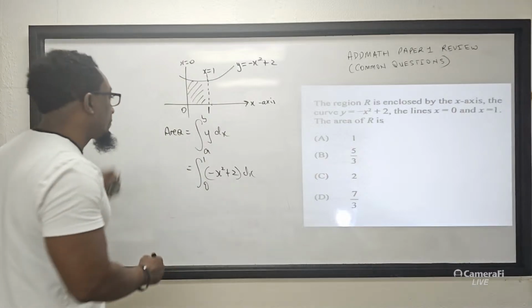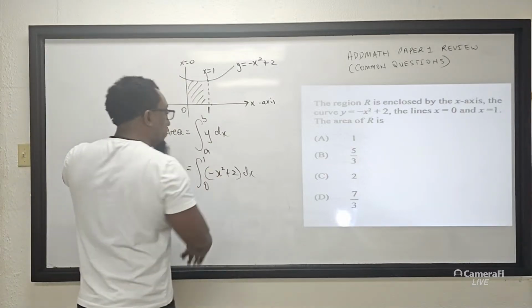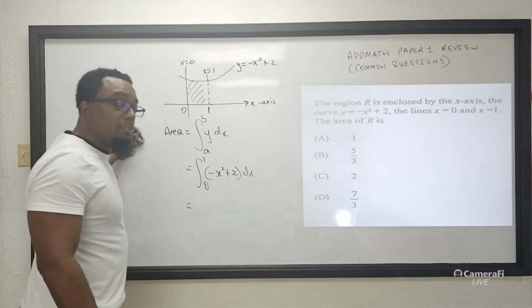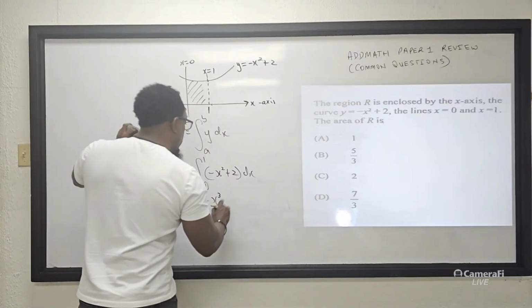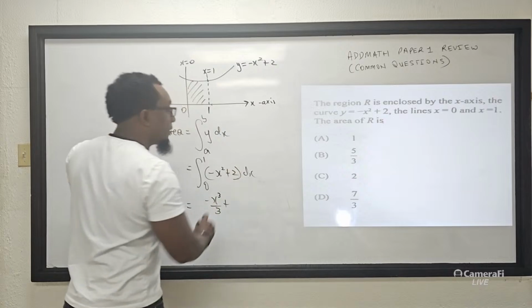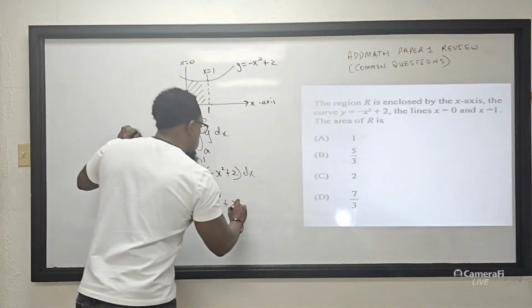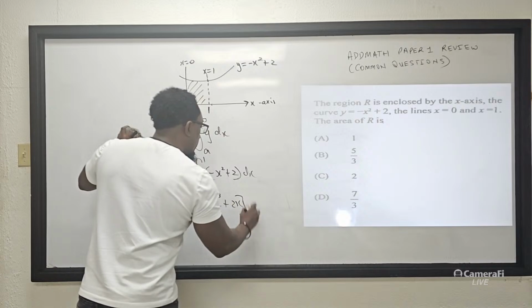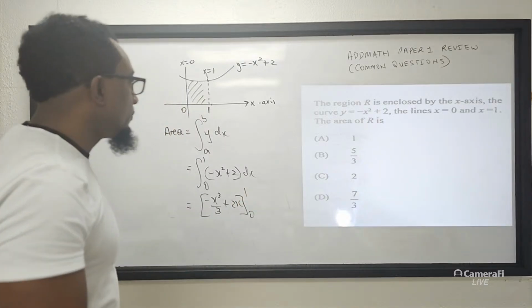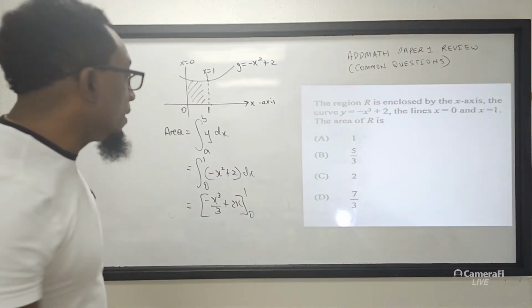So this will be what? Drop the integral symbol and dx. Let me integrate negative x squared plus 2: negative x cubed all over 3 plus the integral of a constant 2, which is 2x, between the limits 0 and 1. So let me substitute my upper and lower limits.